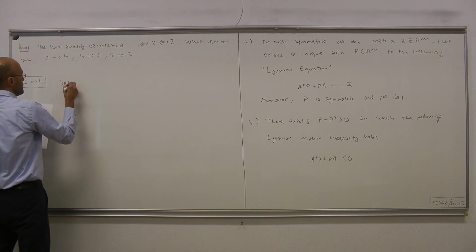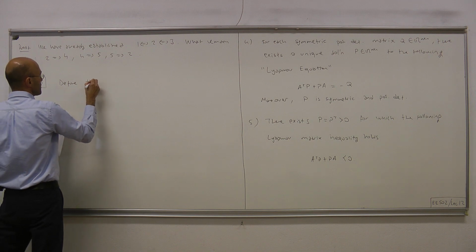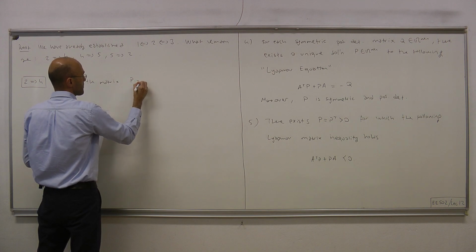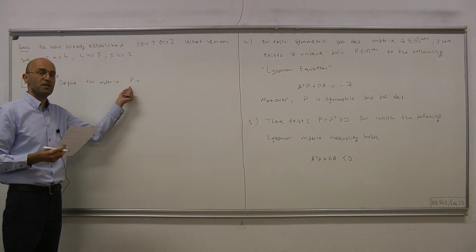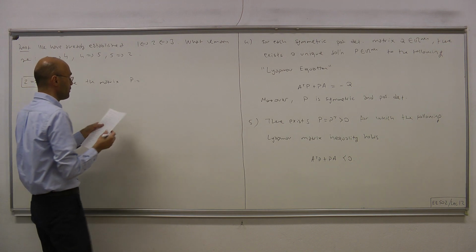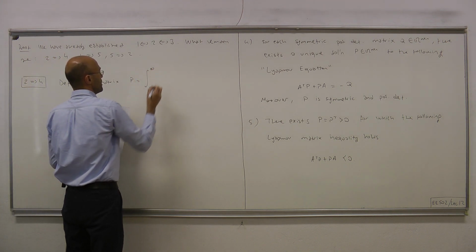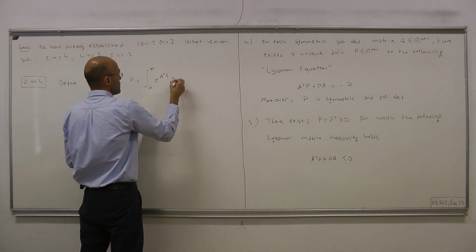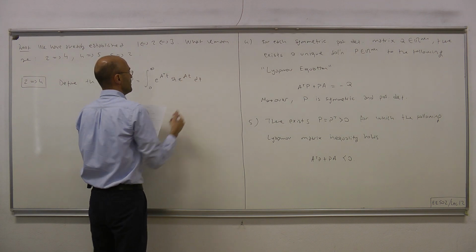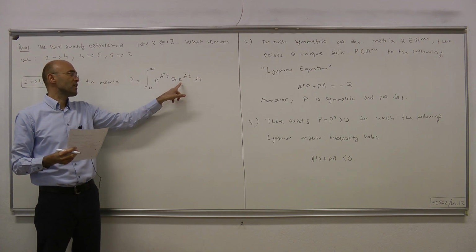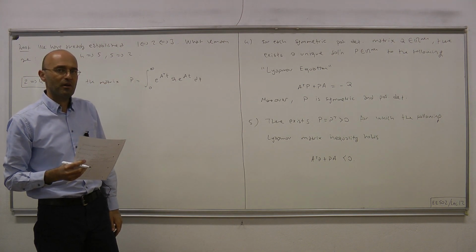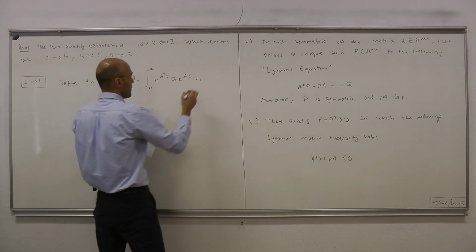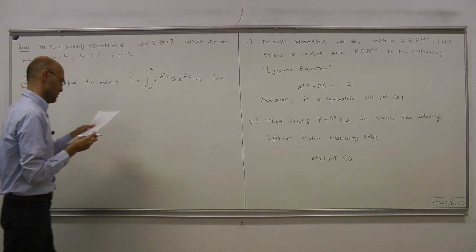So for a given Q, define the matrix P. This will be our solution candidate to the Lyapunov equation, through this integral from 0 to infinity, and the integrand is e to the A transpose t, Q, e to the At, dt. A is our system matrix, therefore e to the At is the state transition matrix corresponding to our system, for a given Q.